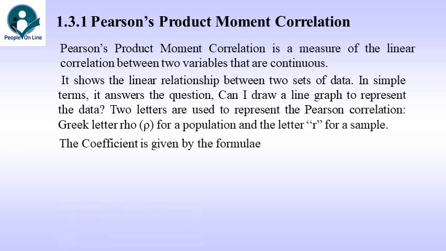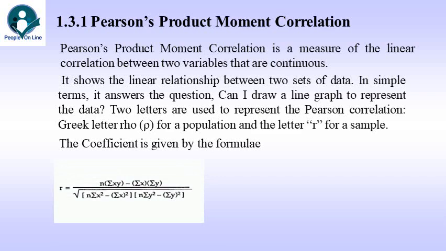The coefficient is given by the formula R is equal to n sigma xy minus sigma x into sigma y, divided by square root, and inside you have n into sigma x square minus sigma x whole square, and this is multiplied by n into sigma y square minus sigma y whole square thereof.